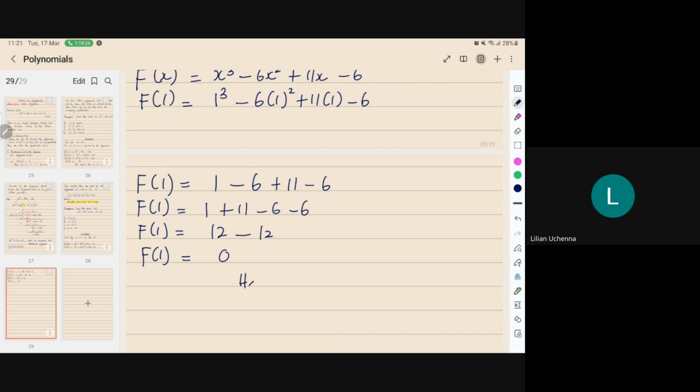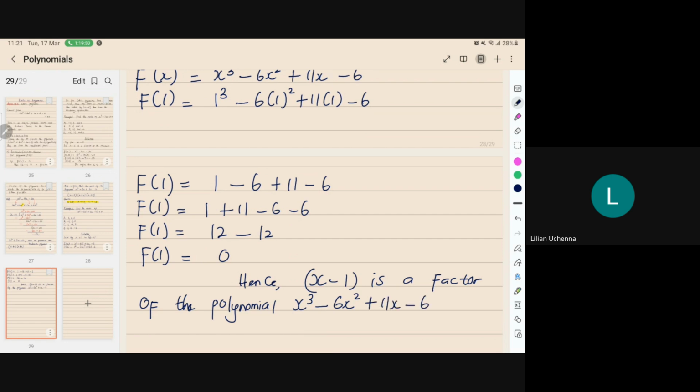So hence, we have that x minus 1 is a factor of the polynomial x cubed minus 6x squared plus 11x minus 6. All right, so let's proceed.